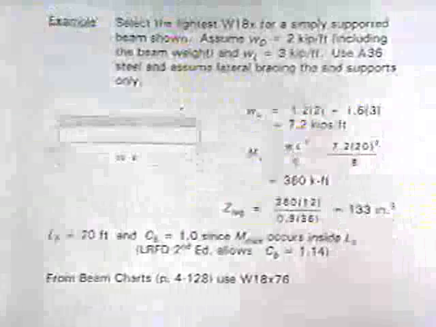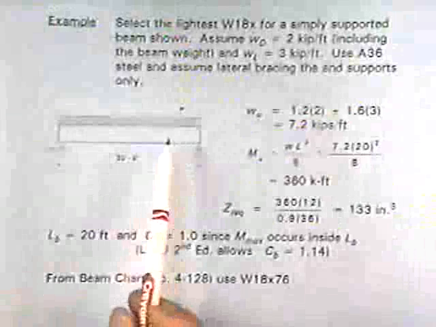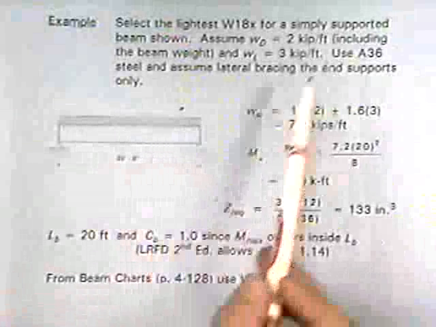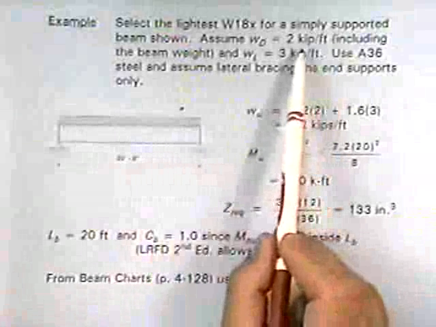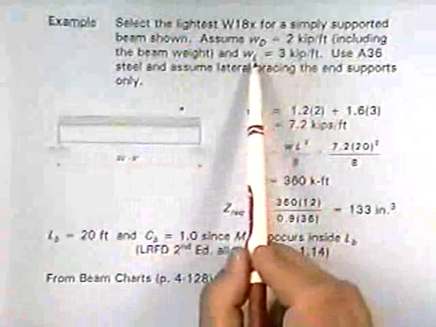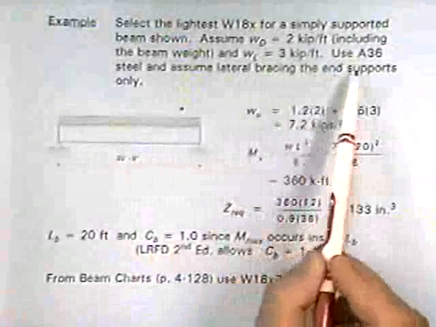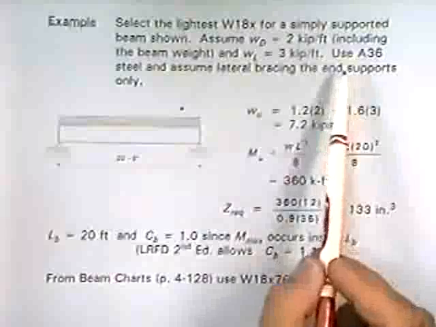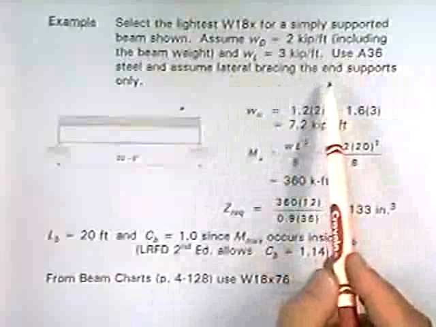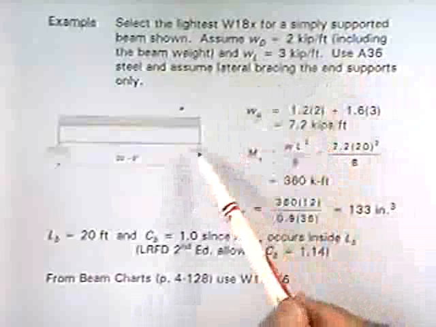Okay, as an example, let's say we've got this simply supported beam, uniformly loaded with a service load, or unfactored load, of dead load of 2 kips per foot and an unfactored live load of 3 kips per foot. We're going to use A36 steel, and we're going to assume that lateral bracing is only at the end supports.